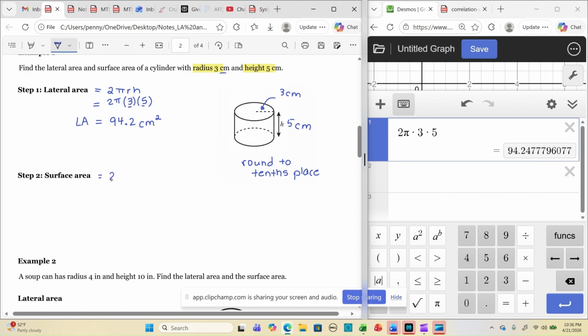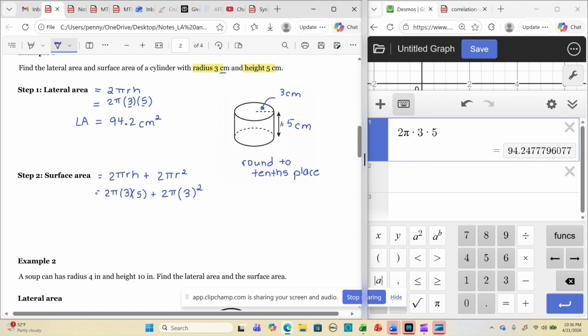For the surface area, we have 2 pi rh plus 2 pi r squared. Now we've already done the 2 pi rh, so I'm just going to rewrite that down. 2 pi times 3 times 5. Now we're going to say plus 2 pi times our radius squared. Our radius was 3, so times 3 squared.